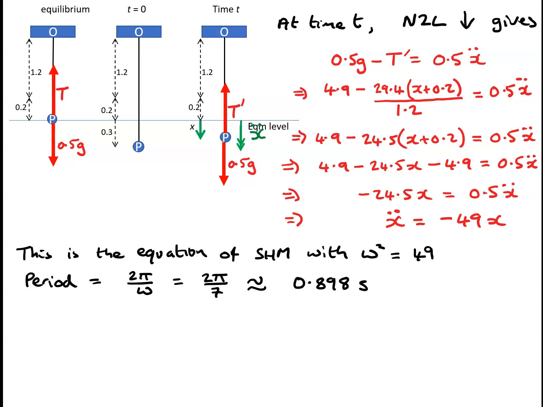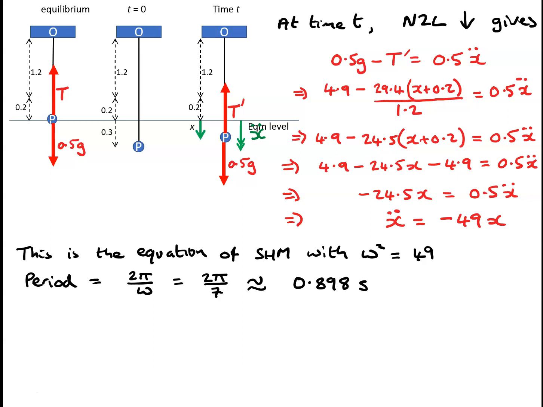We know that the period for simple harmonic motion is always 2 pi over omega, so in this case that is 2 pi divided by 7, which is just a little bit less than 0.9 of a second.